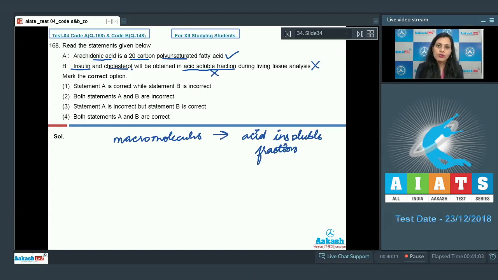Cholesterol, which forms aggregates in vesicles, does not dissolve in acid and is also present in the acid insoluble fraction.